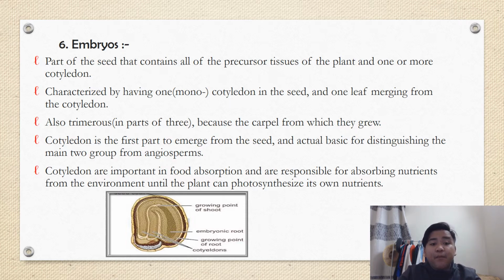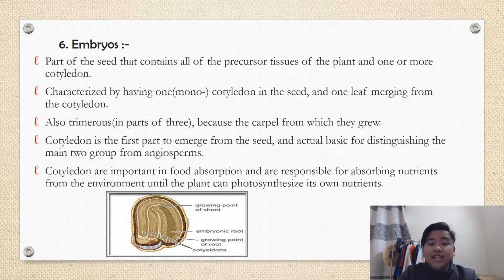The seed pod of a monocot is also trimerous, or in parts of three, because the carpel from which it grew also consisted of 3 parts.